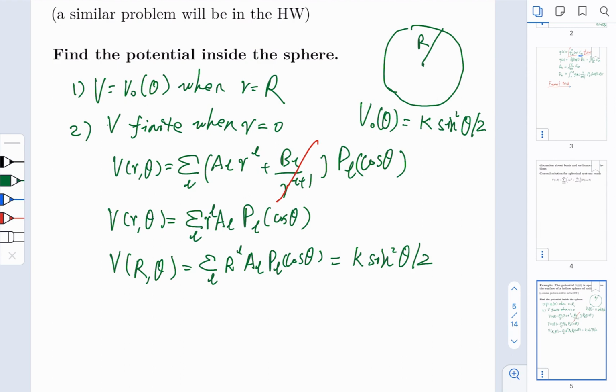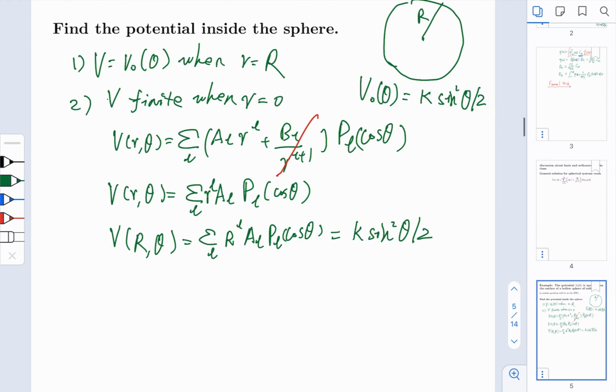Now let's try to first brute forcefully calculate this integral. If we want to get this using the Fourier's trick, we simply do this.